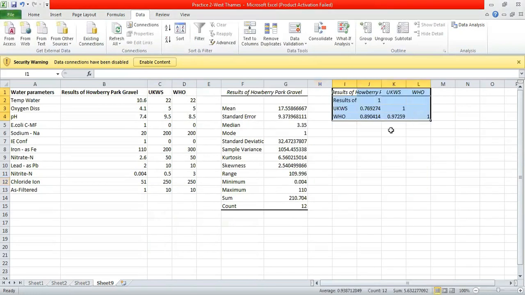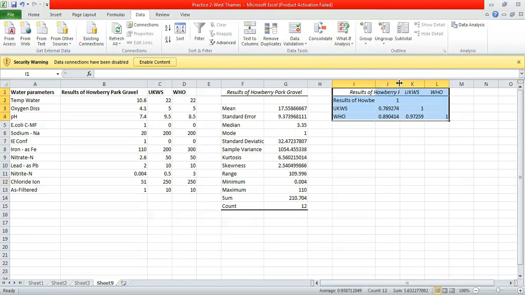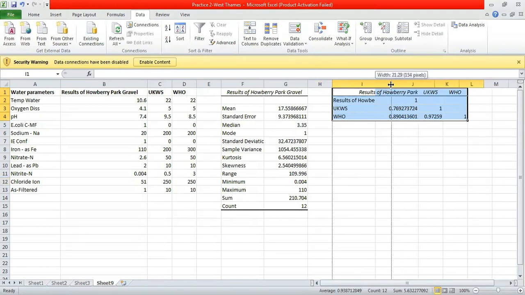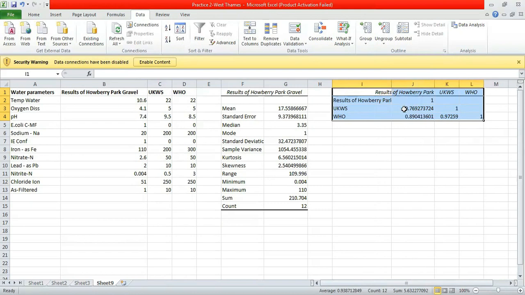Okay, this is great. So we now have a correlation analysis between our results and that of UK water standard and WHO. So hope you guys are following.